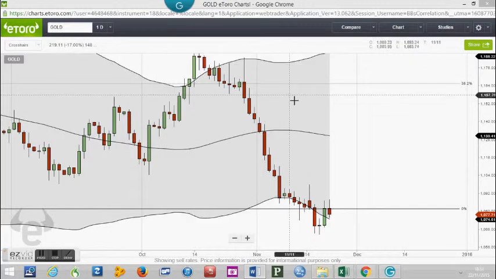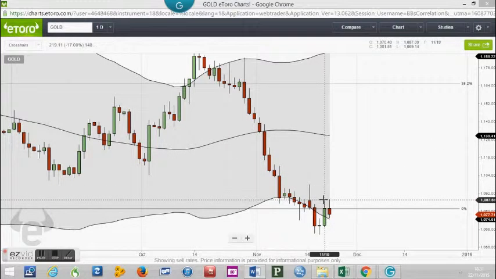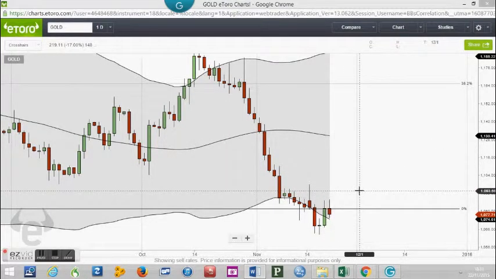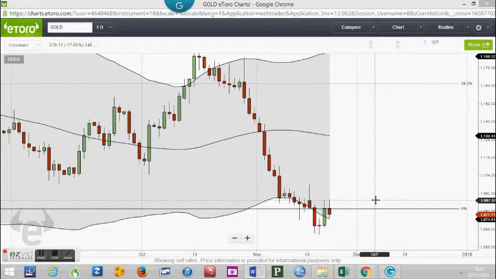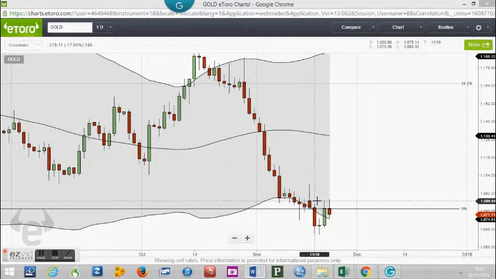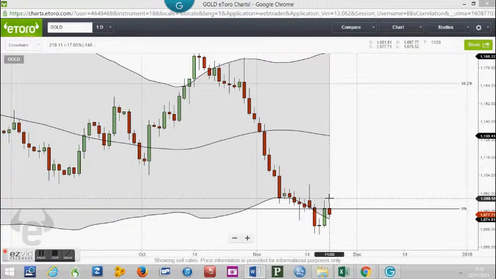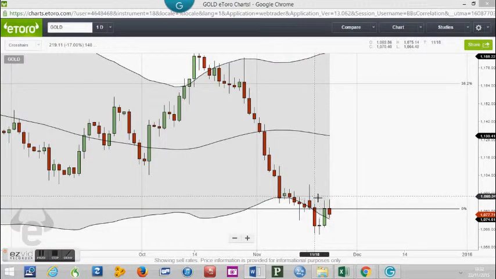This is the gold daily. As you can see, we're showing the chart of this because gold's obviously a safe haven. When you're scared, you buy gold, and it's a good store of value. So, as you can see, this is Monday here. We did see a rally up, but it did come back down.